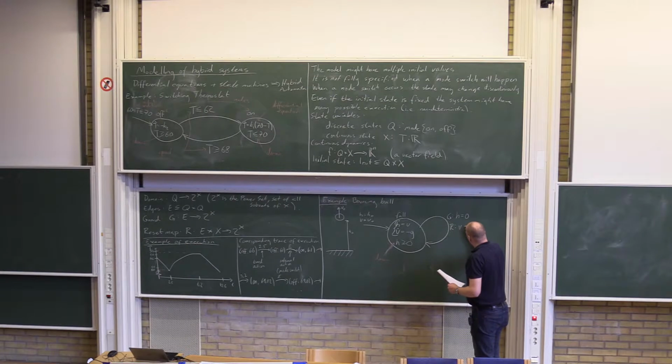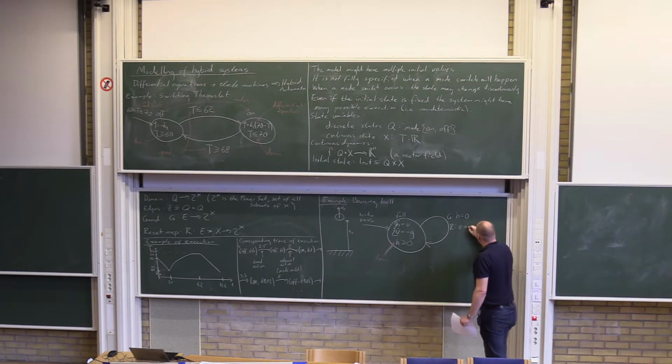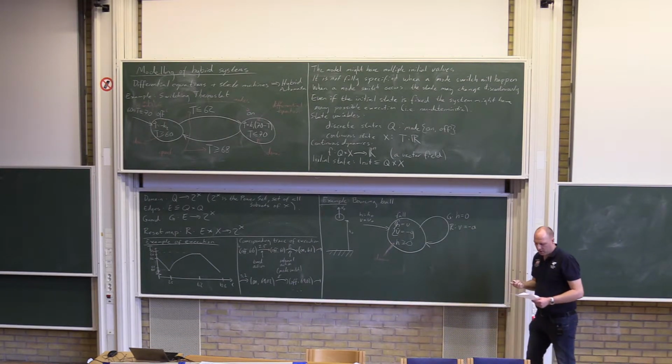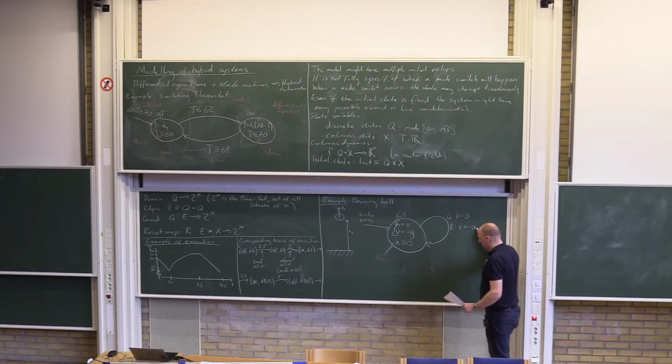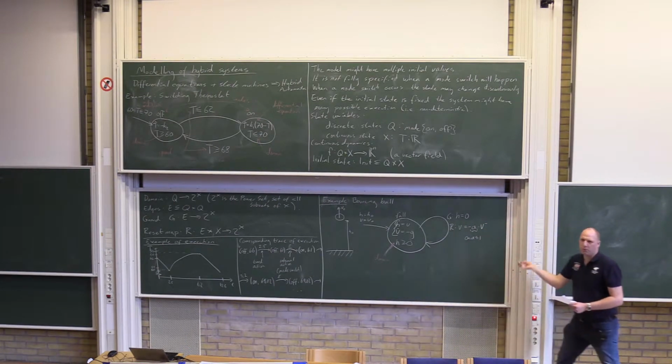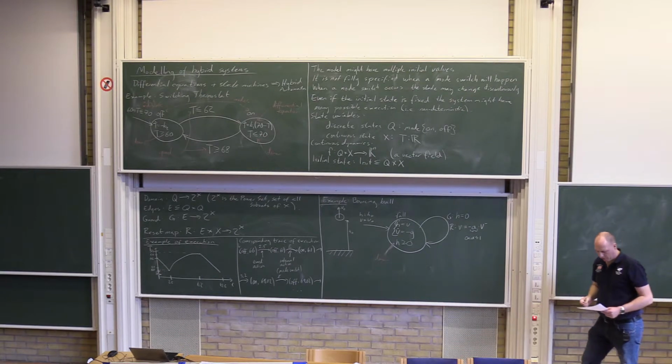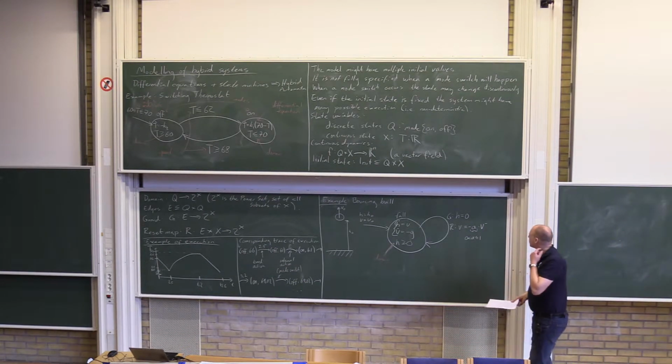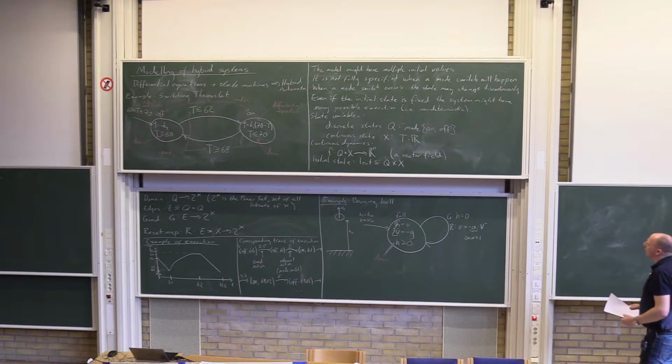The new value of the velocity will be minus, because the velocity changes direction, times some constant. We call it a, a constant between 0 and 1, multiplied with the velocity right before it bounced.